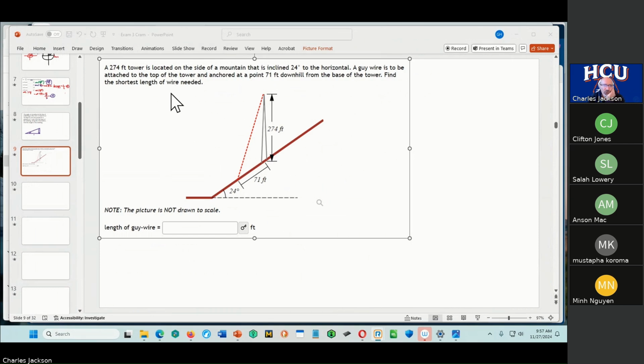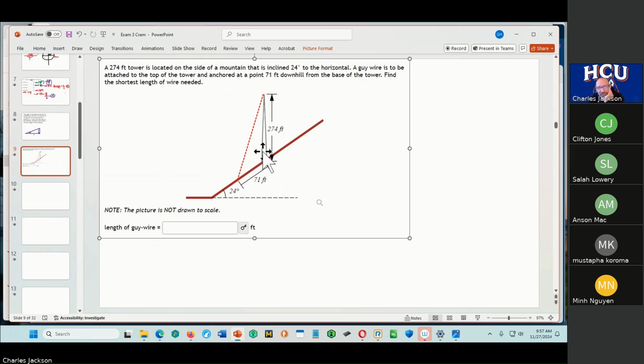So let's see, a 274-foot tower is located on the side of a mountain that is inclined 24 degrees to the horizontal. A guy wire is to be attached to the top of the tower and anchored at a point 71 feet downhill from the base of the tower. Find the shortest length of the wire needed.